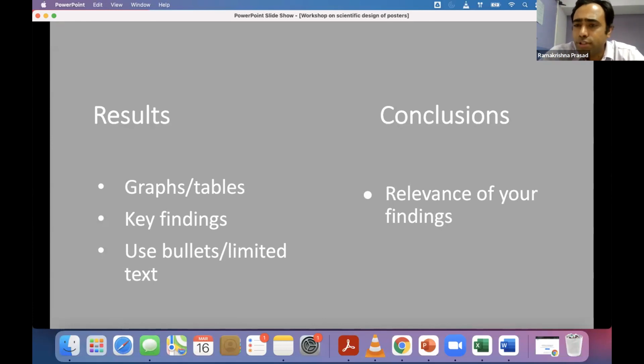Authorship order: whoever makes the poster should be the primary author. Sometimes someone else might have contributed towards making the poster with you. They should be listed as the second author or whatever. Many times, if a mentor has played a significant role in the design of not just the poster but the project itself, they can be listed as the last author. So that's the typical authorship.